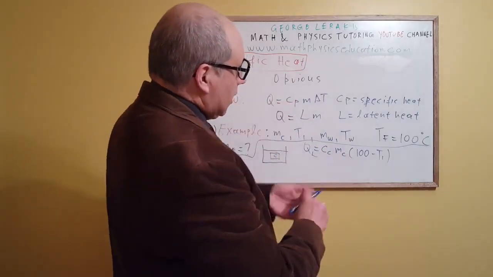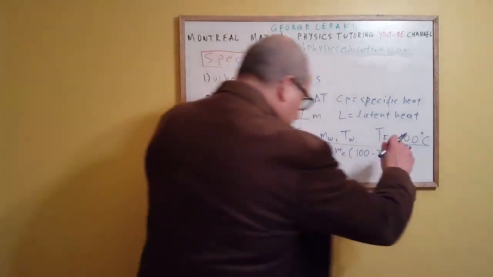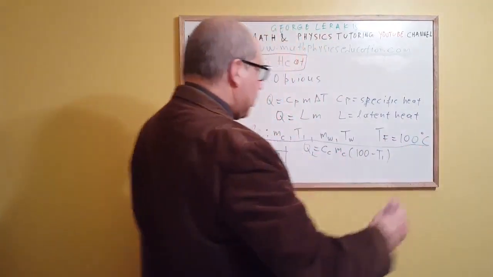So the water at 100 degrees Celsius boils or evaporates. But first it has to reach this temperature, and then it evaporates.